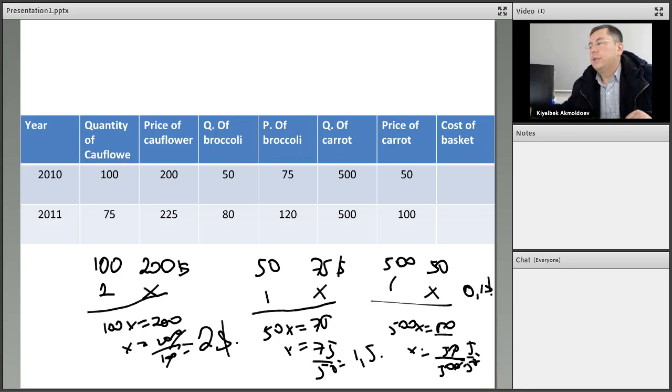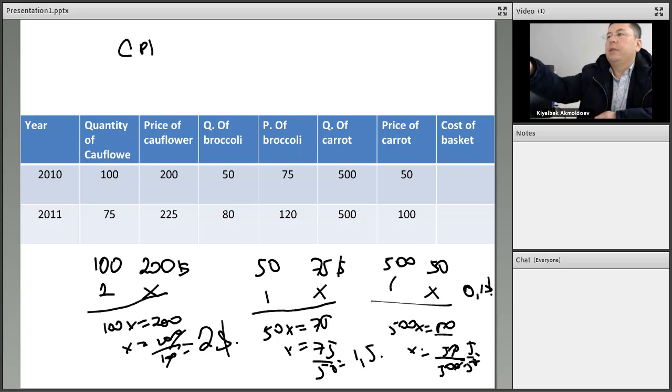Now, what is the question asking? First, it is asking to calculate the CPI of each year. To find CPI, what was the formula? CPI equals cost of basket current year divided by cost of basket base year multiplied by 100.